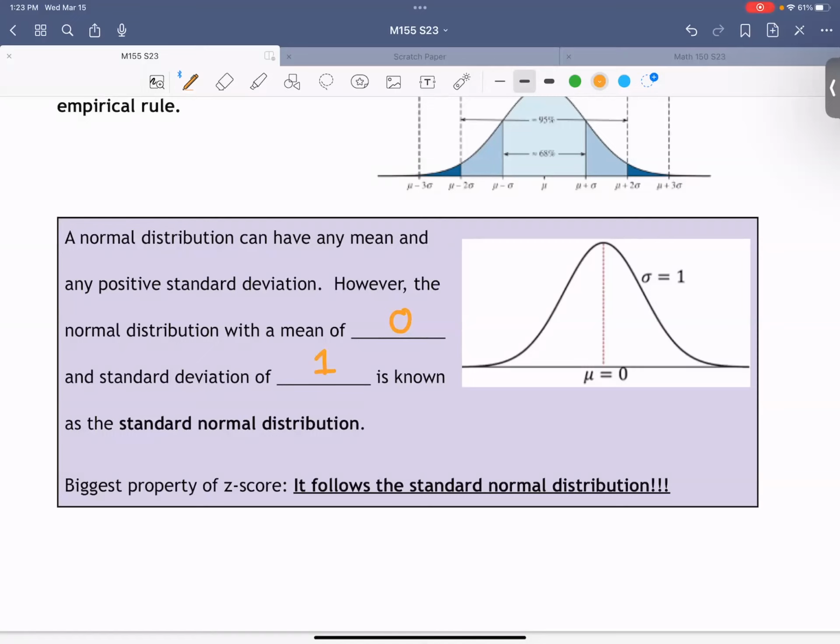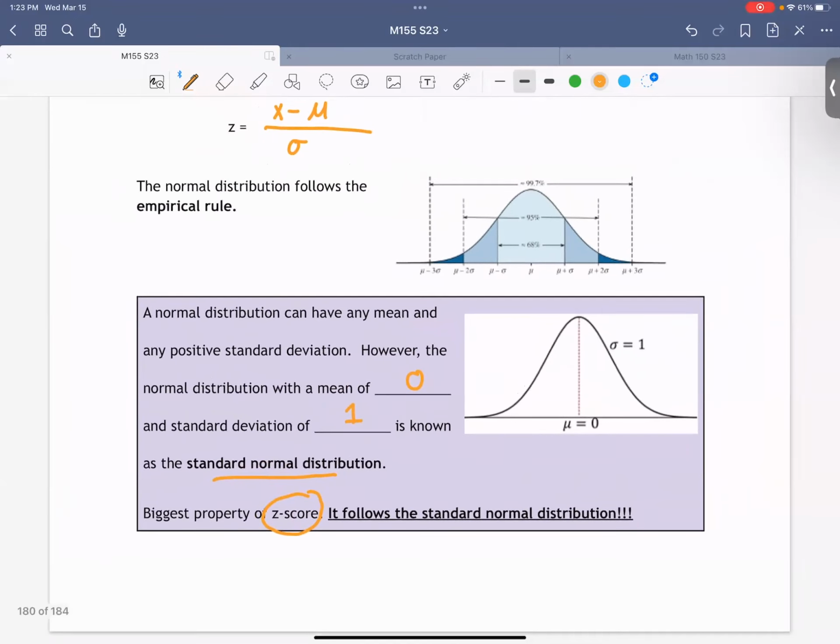And a really important thing about the standard normal distribution is z-scores actually follow it. So whenever we're talking about the z-score, we know that the mean of what we're talking about has to be 0 and the standard deviation has to be 1, okay? So we'll talk about why that's important later. Let's flip the page.